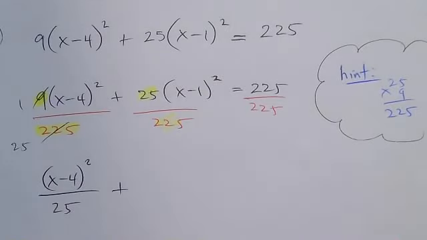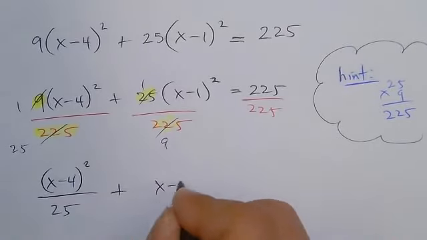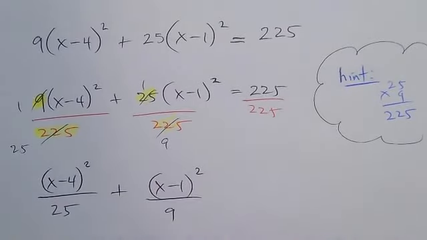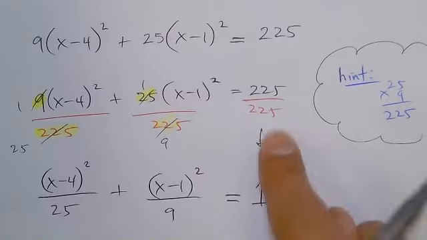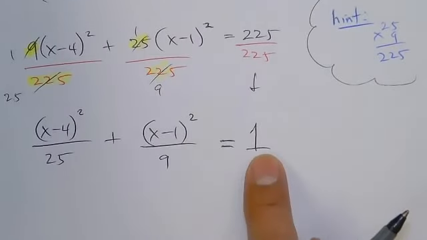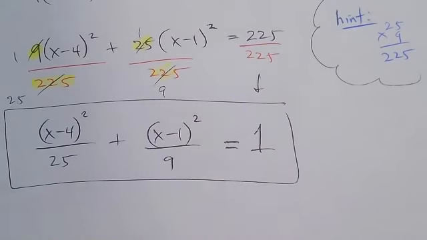Well, same thing here. 25 times what is 225? Then 25 goes into 25 once and into this 9 times, see? Just telling you the hints to make this easier for you. It equals what? Equals 1.